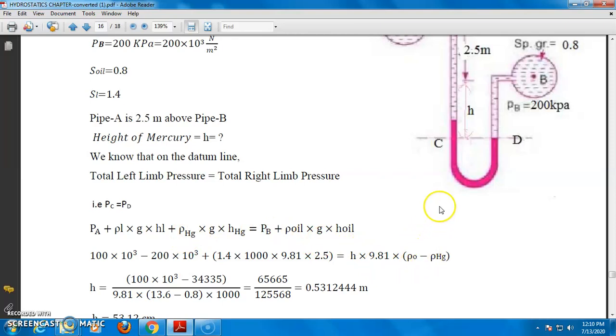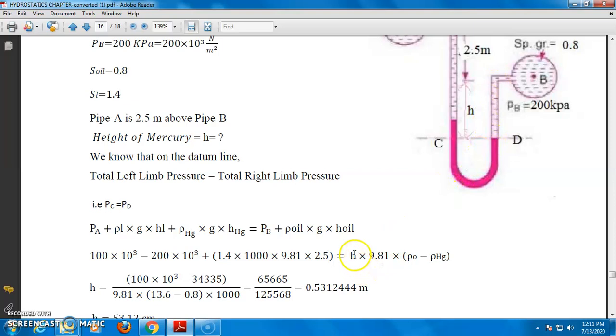So here you observe in the diagram the height of that oil. The height of that oil is equal to the height of that mercury. If you observe in the diagram, the height of that mercury is equal to the height of that oil. Both are equal.